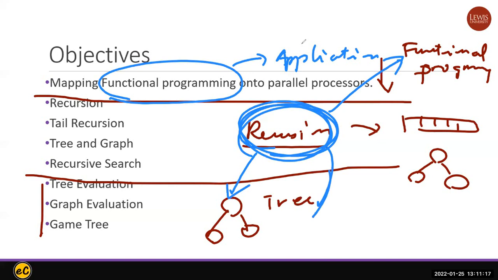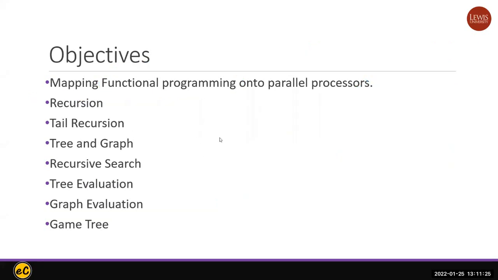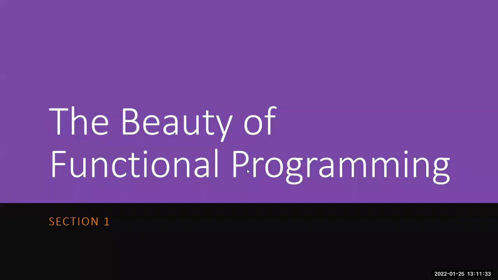So it is mostly on the application of functional programming. Okay, so 3 main parts. Part 1 on the technique of functional programming, part 2 on recursion, part 3 on the data structure.